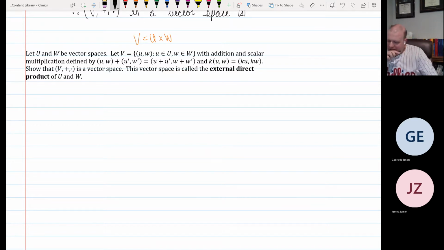With addition and scalar multiplication defined as the standard addition and scalar multiplication, right? So you add components together and you just multiply each component by the scalar. We're going to show that this defines a vector space. Now, this vector space is called the external direct product of U and W.